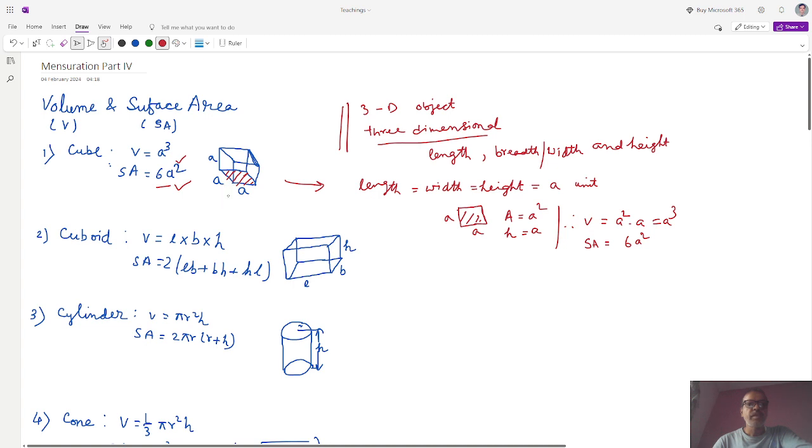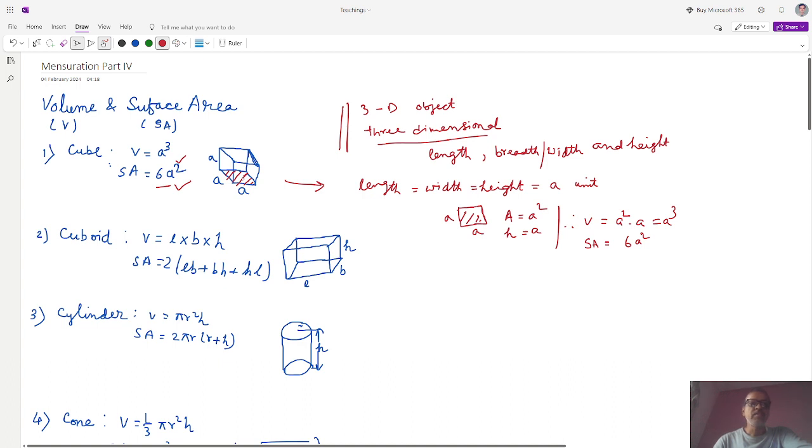And we have to observe the surfaces and judge the nature of the surface, whether it is a square or rectangle or trapezium or circle, like that.